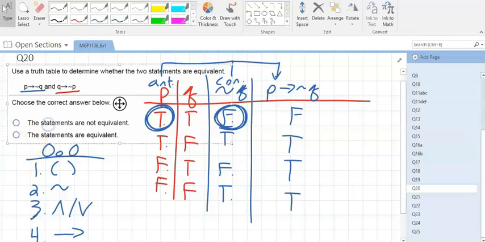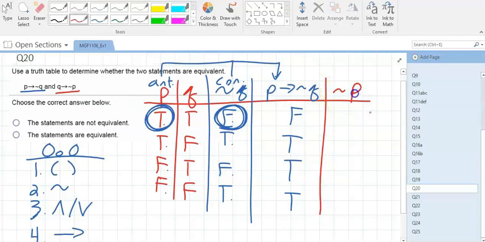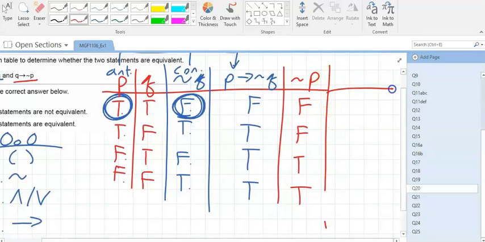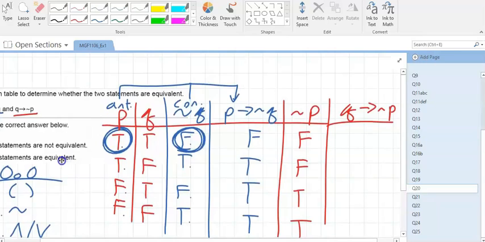So, we need to take care of the negate P first, because we don't have that column. So, we're going to negate P, and that will give us false, false, true, true. And then, going through our order of operations up here, there's no ands and ors, but we do have a conditional. So now we're taking care of the whole thing. Q, conditional, negate P. So who up here is the antecedent now?